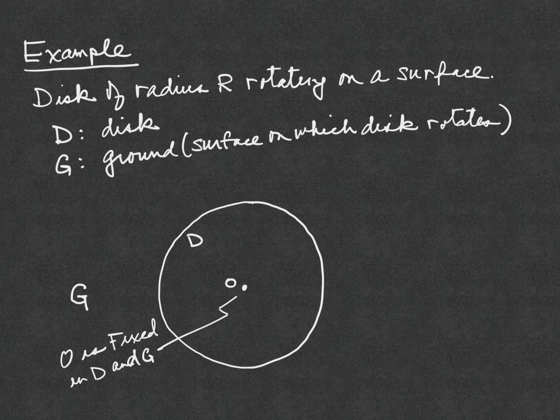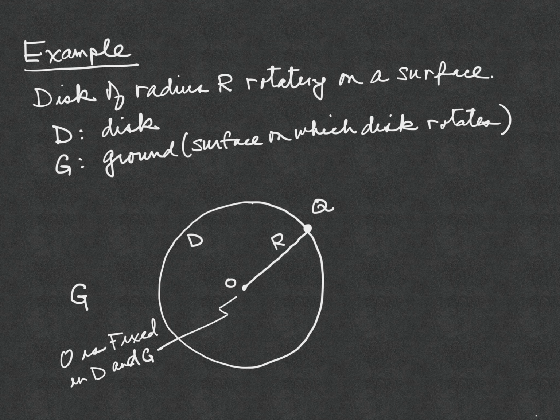I called that point O in the abstract notion, and I had frames B and A. I'm calling it O in this example, and the two frames are now D and G. Now, I'm going to put a point Q on the end of the disk. And the distance from O to Q is R because the disk has a radius R.